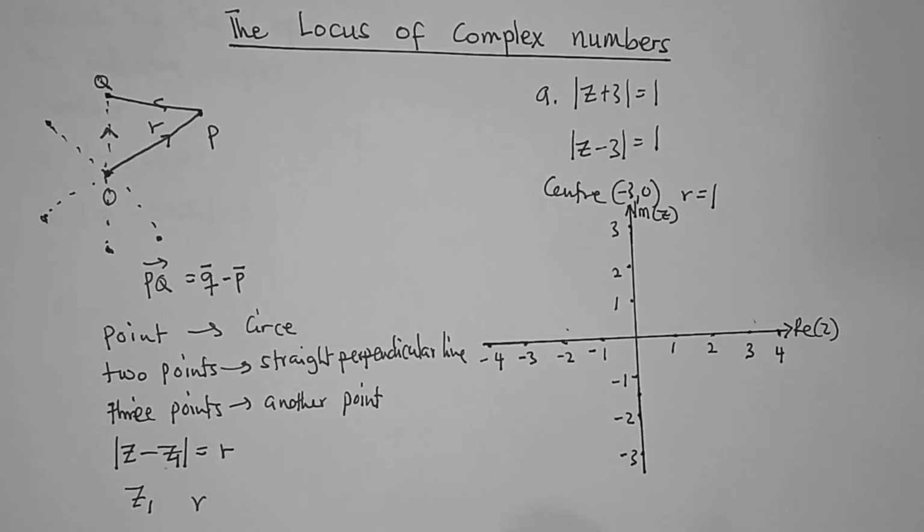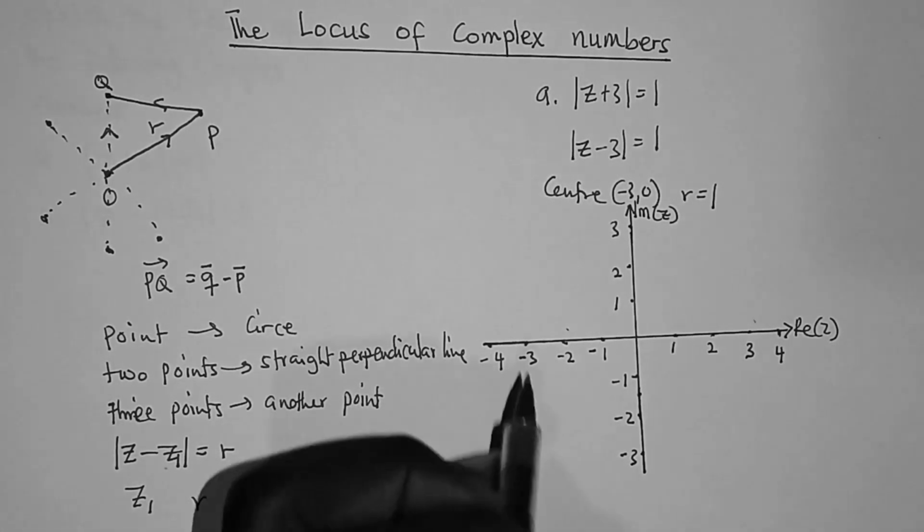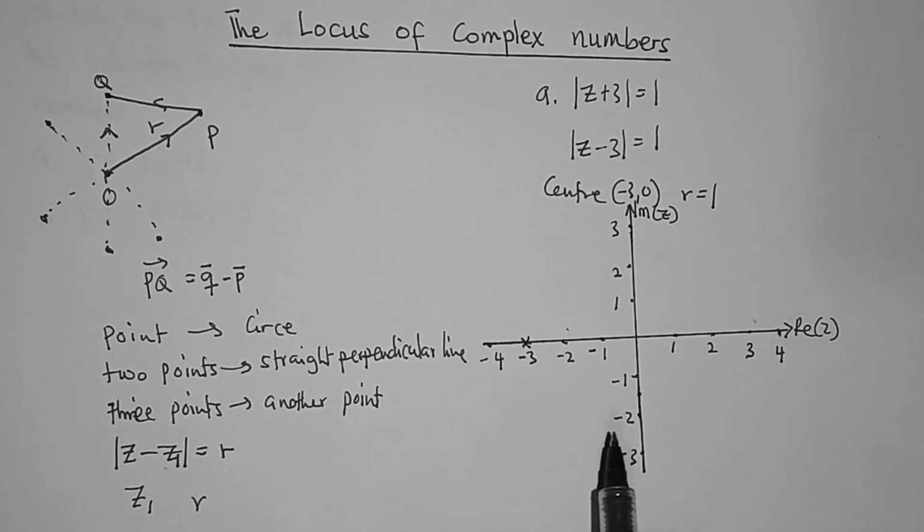Now let's sketch this complex number on the Argand diagram. So the center is (minus 3, 0). So this is minus 3, 0. And we know that it has a radius of 1, and it is a circle.